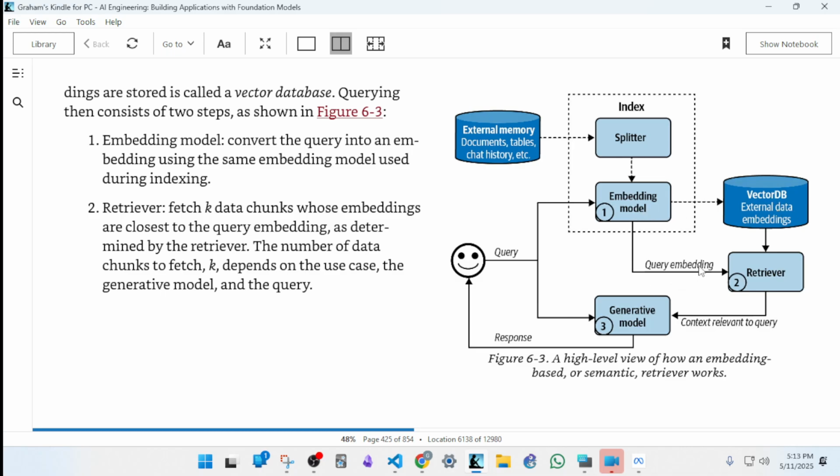It also goes to query embedding. It skips the vector DB. We go right to the retriever, which is number two. And the retriever returns context relevant to the query to the generative model. And now the generative model can provide a response that includes external data embeddings and external memory.